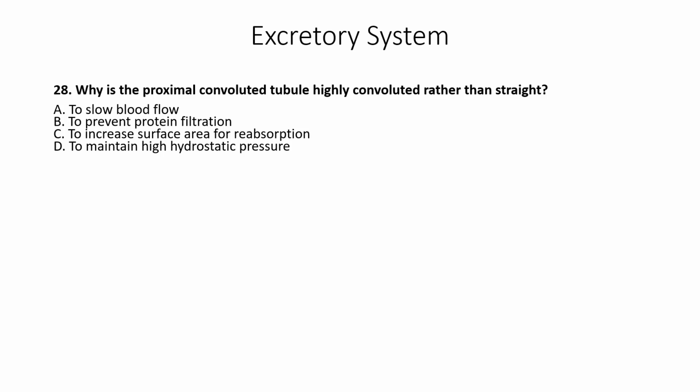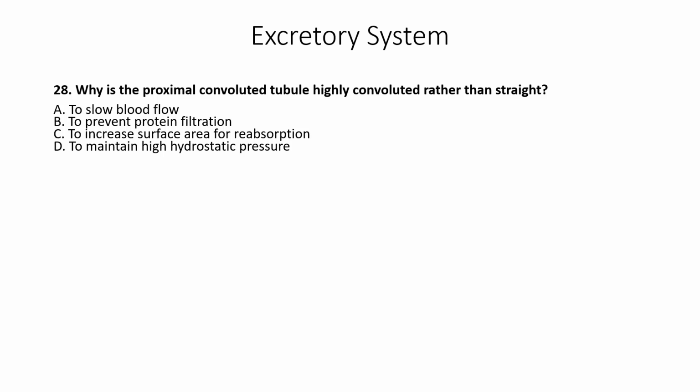You know how in the inner wall of the small intestine, the epithelium is highly specialized, where there are these villi, finger-like projections that come out from the inner wall. What is the function of those?